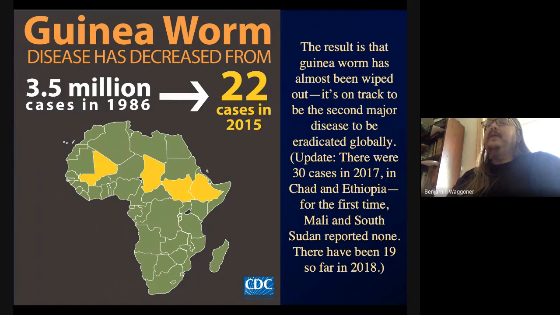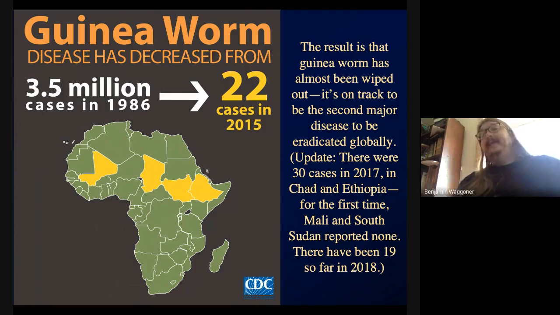It's turning out to be a little bit trickier than just getting everybody drinking straws, because it turns out dogs can get it as well. And there are some dog populations around Lake Chad, in the country of Chad, which is the second from the left of those yellow shaded countries.